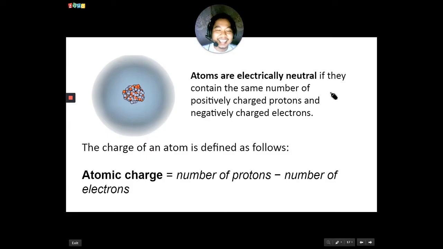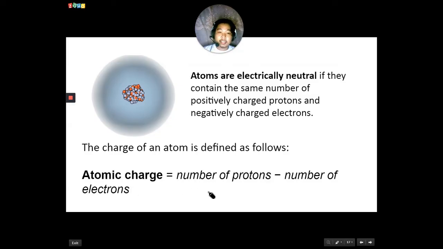Ions. We learned that atoms are electrically neutral. I've been emphasizing that. What do we mean by that? The number of protons is always equal to the number of electrons. And then, the atom is defined neutral because of that. When we talk about atom, automatically, we are referring to neutral atoms.